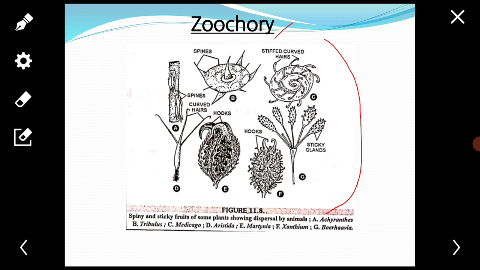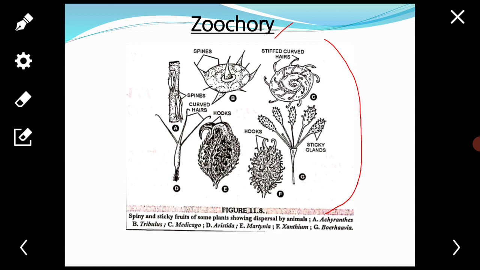The fruits and seeds are either sticky, example Agel, Cleome, Plumbago, or provided with hooks, example Xanthium, or spines, example Tribulus, stiff hairs, example Aristida, sticky glands, example Boerhavia.